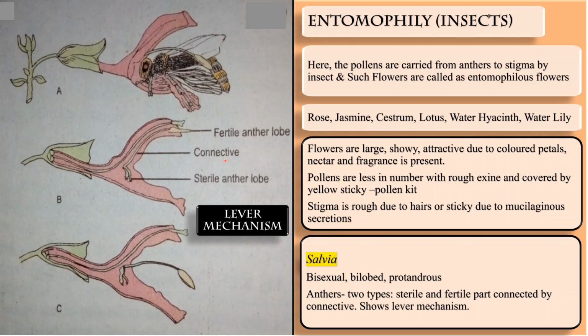These two anthers are connected by a connective. It shows lever mechanism. When insects land on the lower lobe, the fertile anthers deposit pollens on the surface of the insect, which is carried to the next salvia flower, that is entomophily.